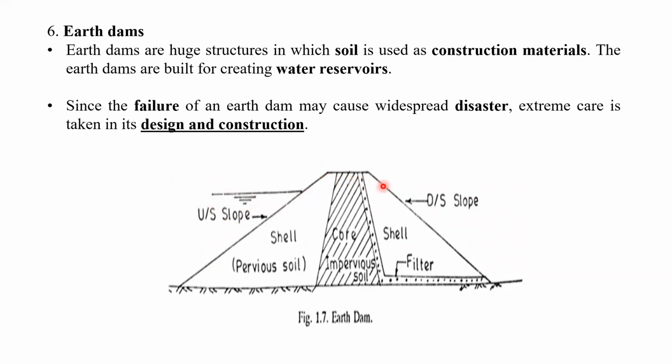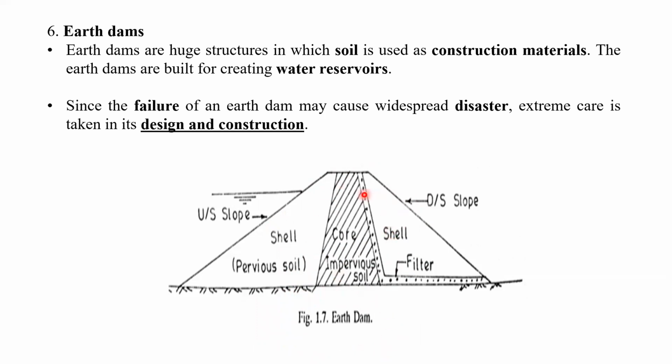If you are going to construct an earth dam, you have to know the properties of the soil available below the base of the foundation of the earth dam. We also have to know the physical or geotechnical properties of the earth dam materials, because it is going to be constructed using soil. Which type of soil is there, whether it is well graded or poorly graded, and what is the property of the foundation soil.